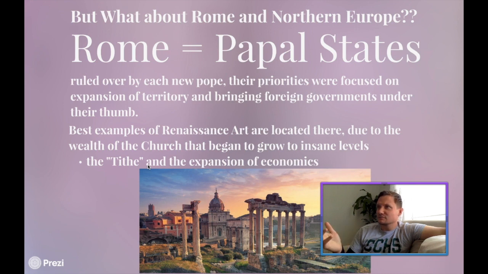The School of Athens is also in Rome, amongst many, many other different designs of buildings. Oh, St. Peter's Basilica, where the Pope lives and also gives Mass every single day. The dome of that building was designed by Michelangelo himself. So it's an amazing hub of economics and also artwork during the time period.